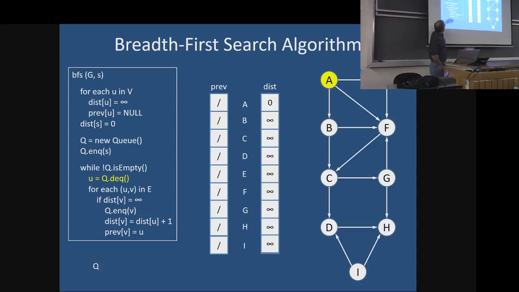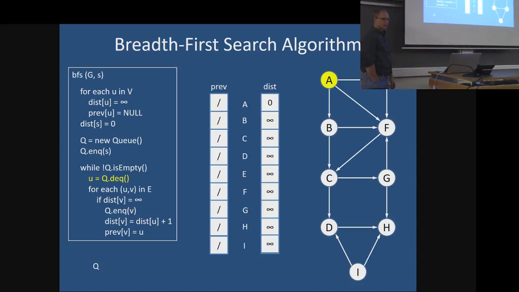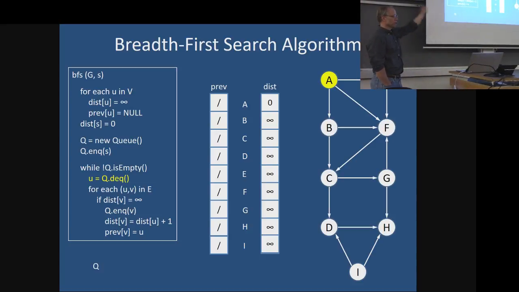And we do this if the distance to V is infinite. What does the distance to V being infinite mean? It means we haven't seen it yet, because as soon as we see it, we're going to enqueue it and set its distance to something finite. So that's how we avoid putting something on the queue twice.